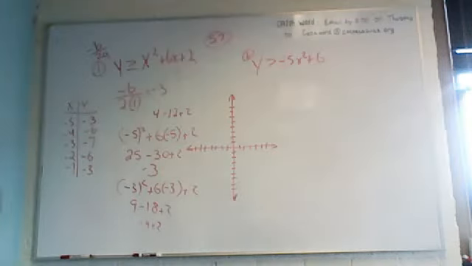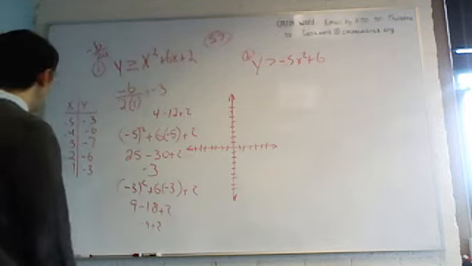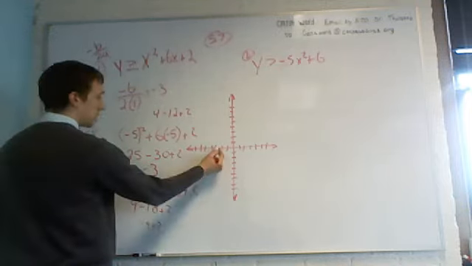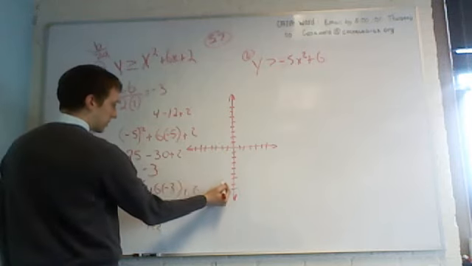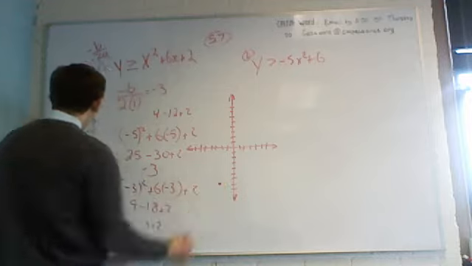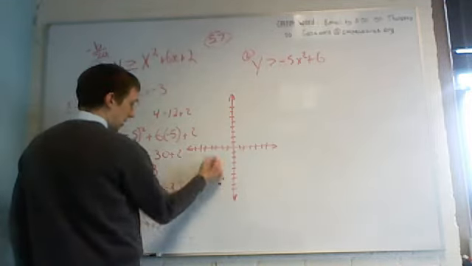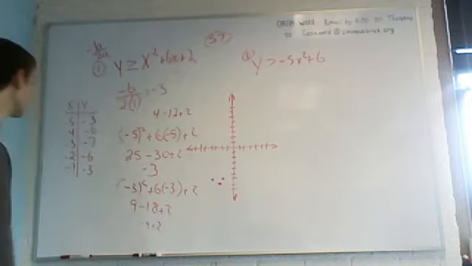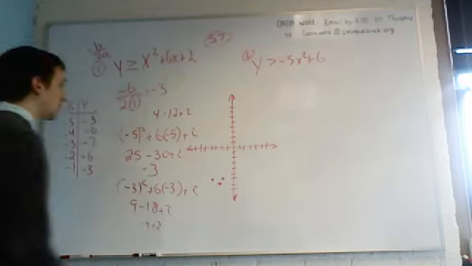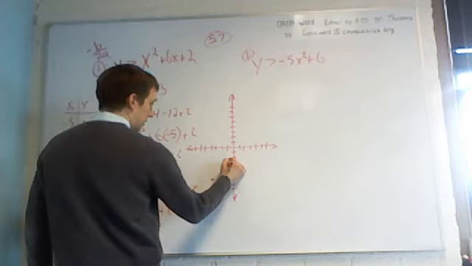So where's the vertex? It's negative 3, negative 7. Then we plot the other points: negative 2, negative 6, negative 4, negative 6, negative 5, negative 3, negative 1, negative 3.